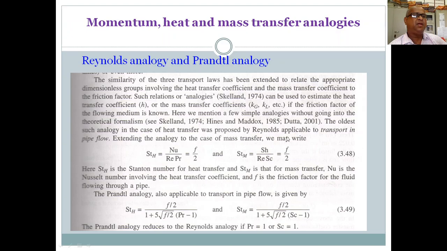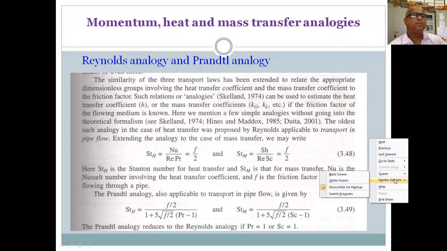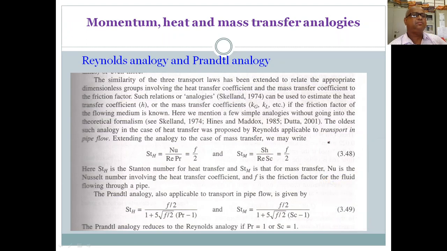But keep it in mind, Reynolds analogy is applicable for transport in pipe flow.